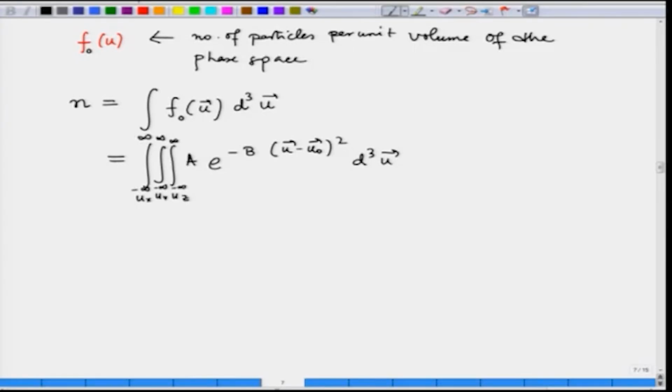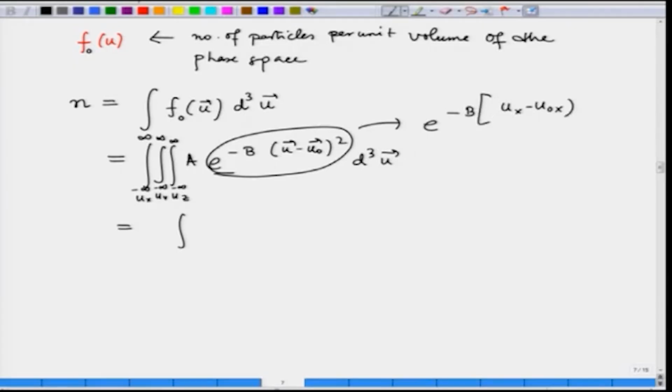Finally you can see that this can be written as e to the minus b times (ux minus u0x) square plus (uy minus u0y) square plus (uz minus u0z) square. These are summations over the index.